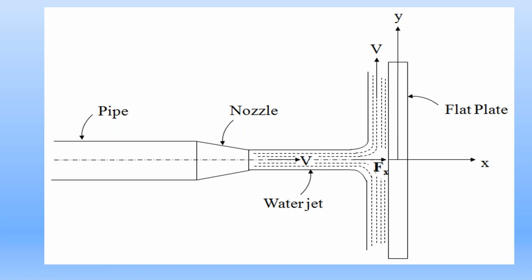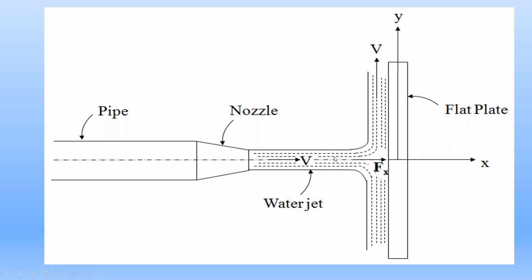Follow this diagram carefully. The metal plate is a flat, vertical metal plate at rest. We place this metal plate in front of the water jet, so the water jet will hit the metal plate.